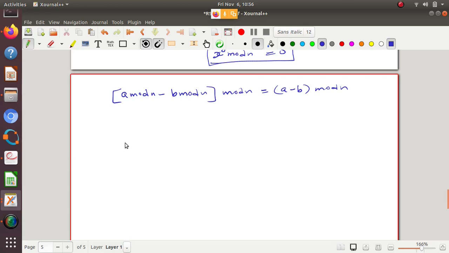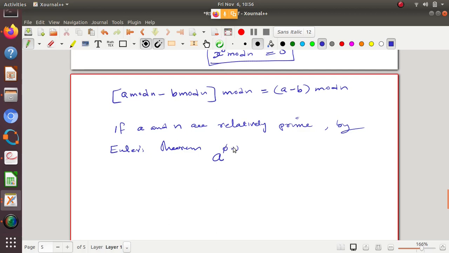Similarly, another property we have to consider is: if a and n are relatively prime, then by Euler's theorem, we will have a to the power phi of n congruent to 1 mod n.